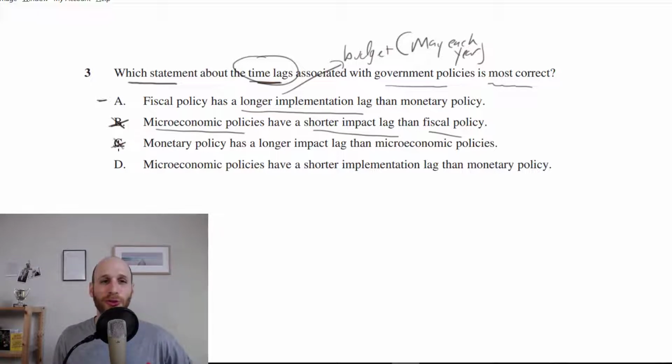It's also not true because monetary policy has its impact much more quickly than micro policies. D, micro policies have a shorter implementation lag than monetary policy. So that's really the opposite situation, or the same situation expressed in the opposite way as A. So fiscal policy has a longer implementation lag.